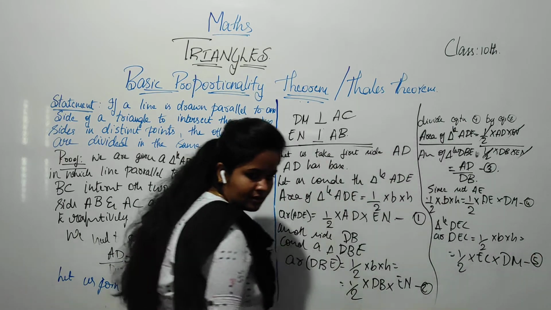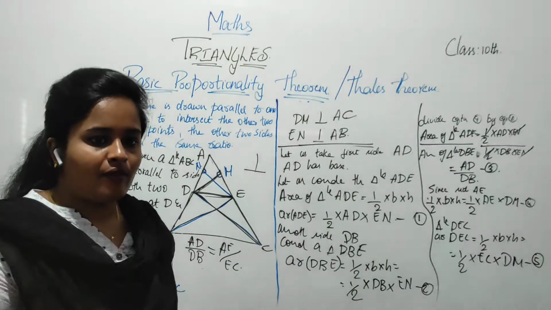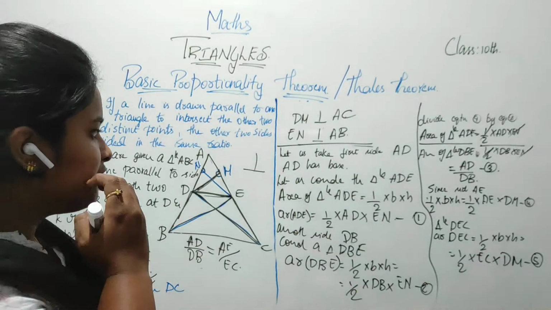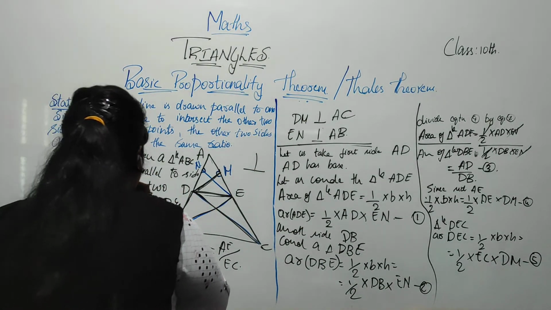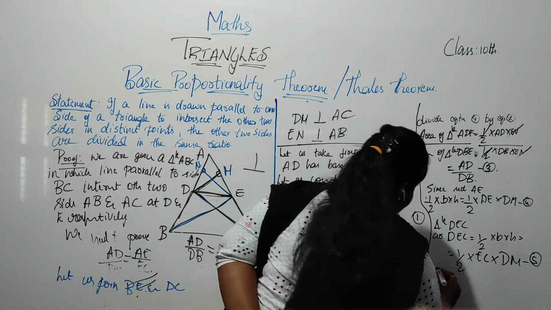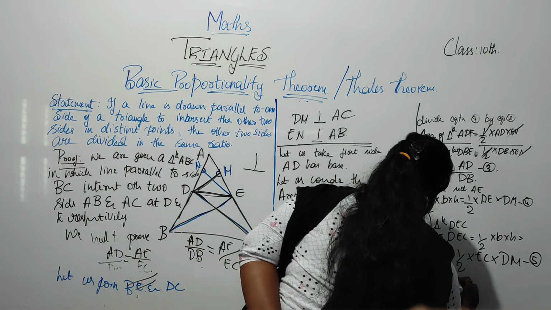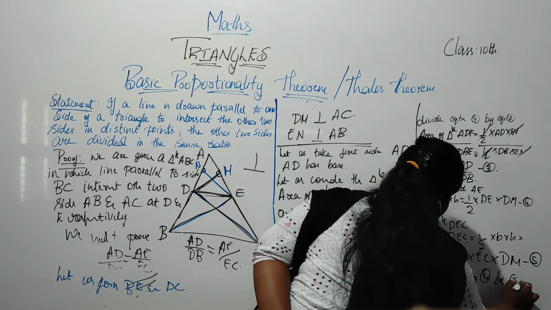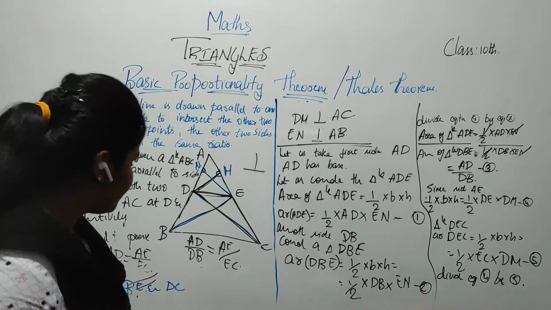So mark this as equation 5. In the same way, divide equation 4 by equation 5.